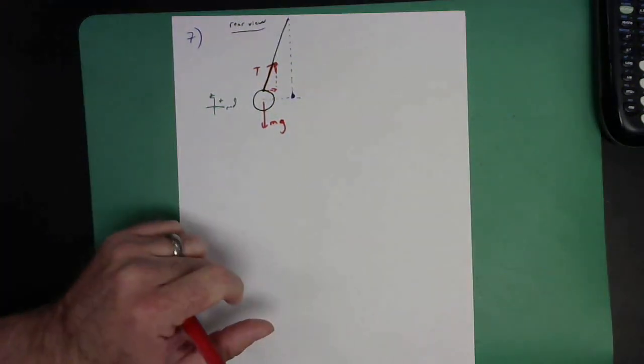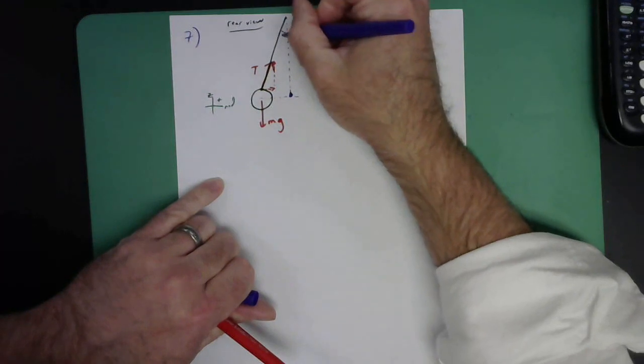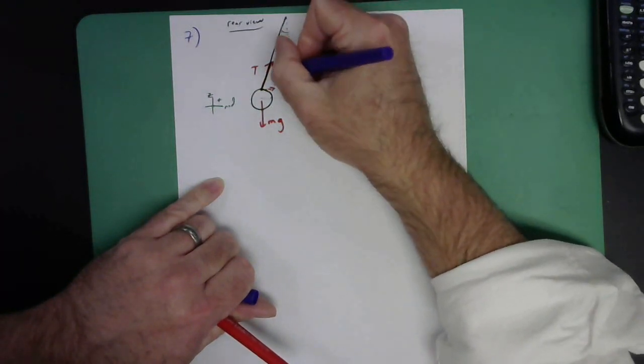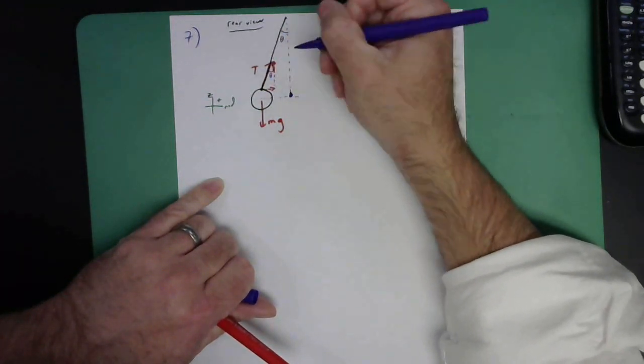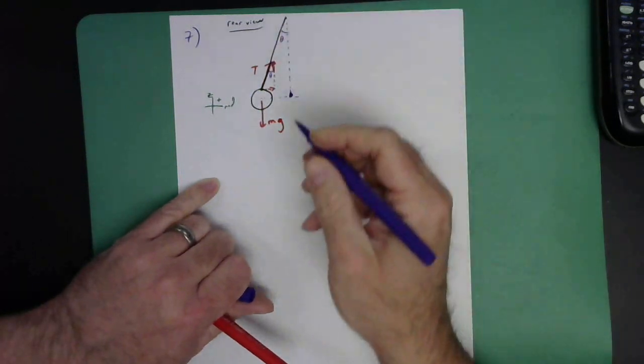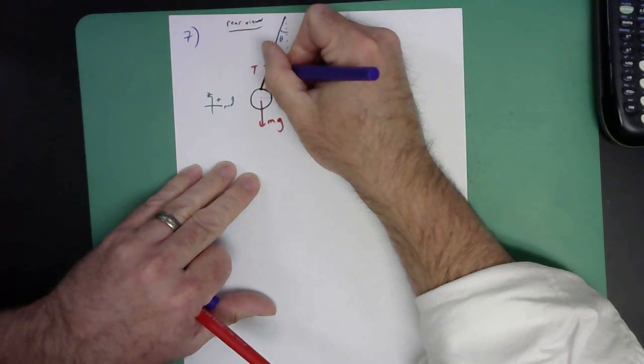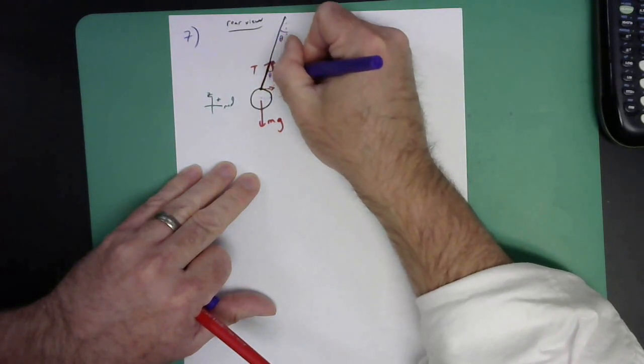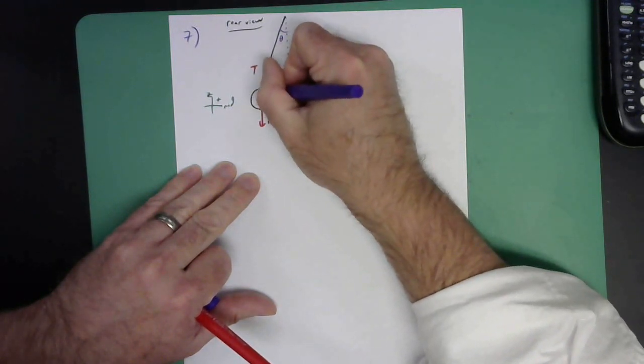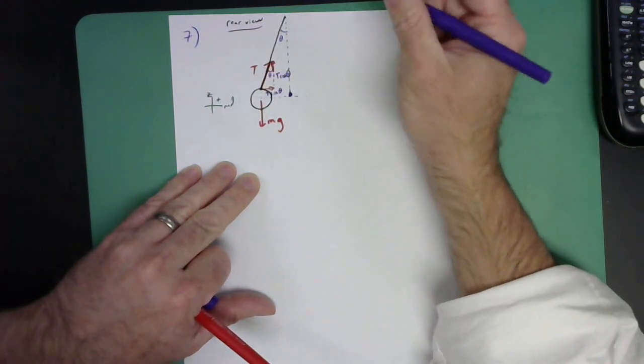They told us the angle the wire makes with vertical, theta, is 5 degrees. That's the same as this theta. So this component, adjacent to the angle, is T cosine theta, and this is T sine theta.